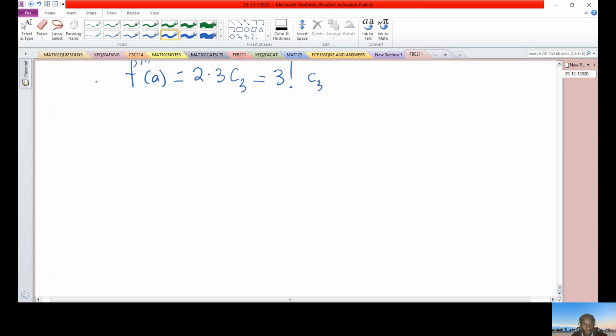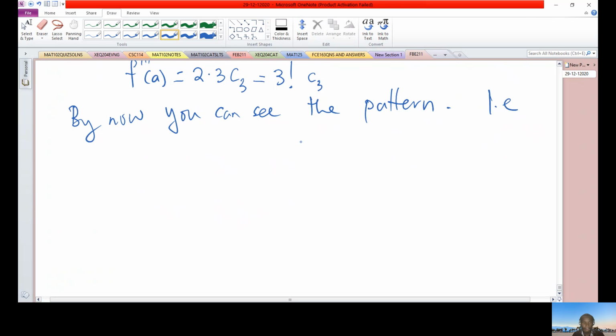Now this pattern continues. By now you can see the pattern, i.e., if we are to get the fourth derivative at a, we should get 2 by 3 by 4 c4, which is the same as 4 factorial c4.